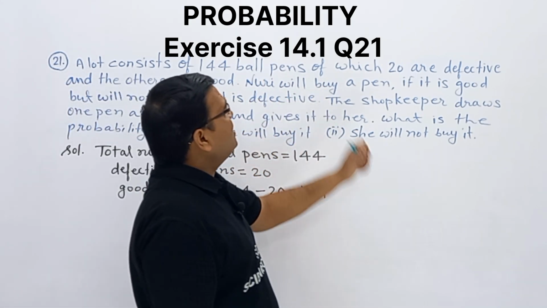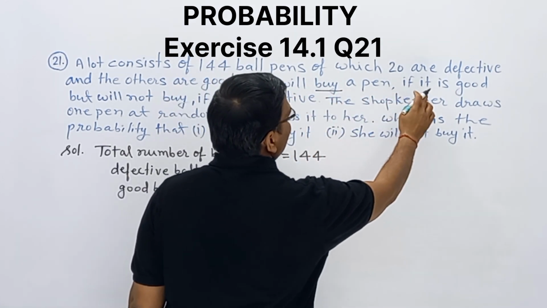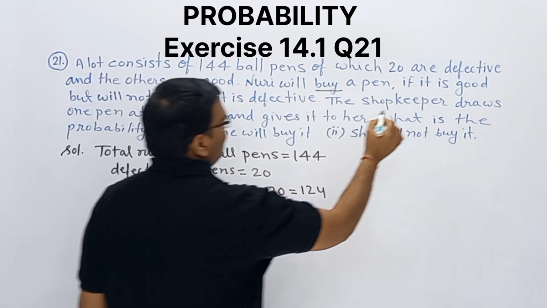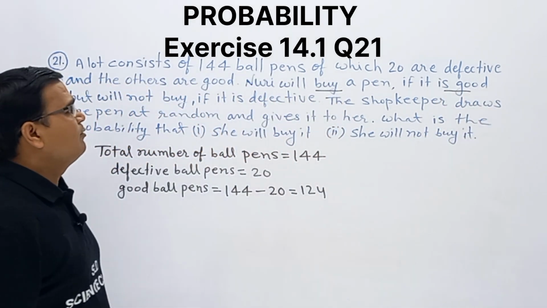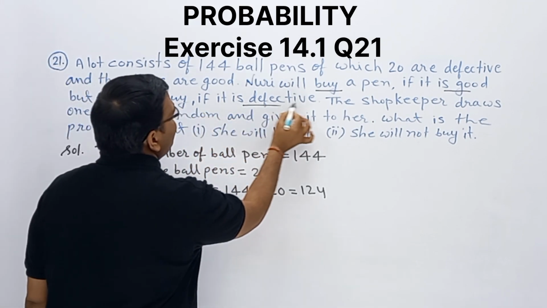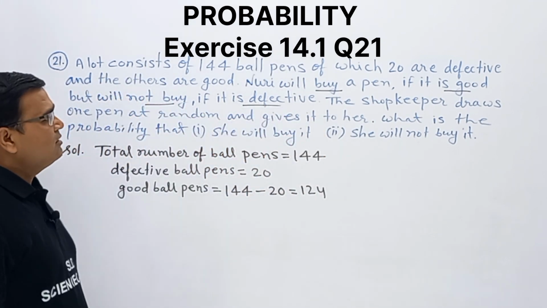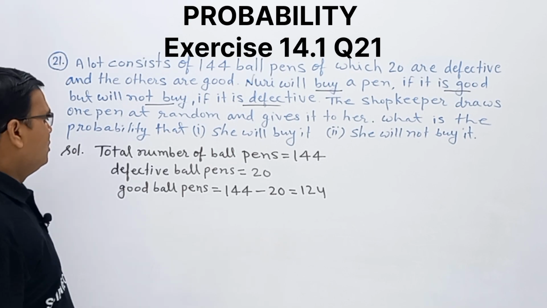Now, Nuri will buy a pen if it is good. If the ball pen is good, then Nuri will buy, but will not buy if it is defective. Buy only when it is good.